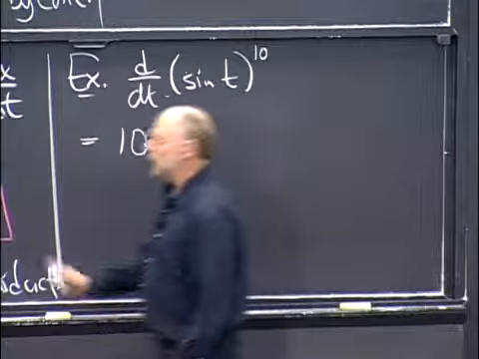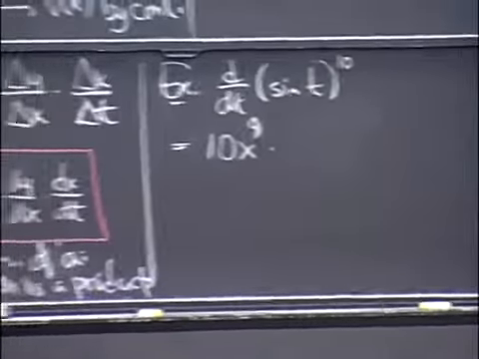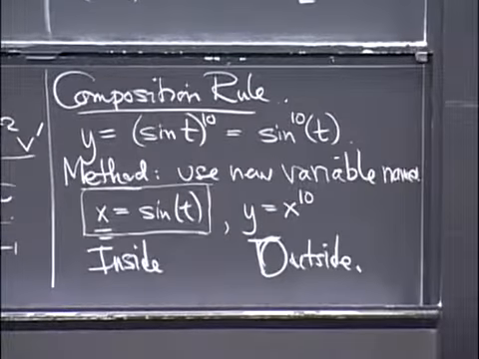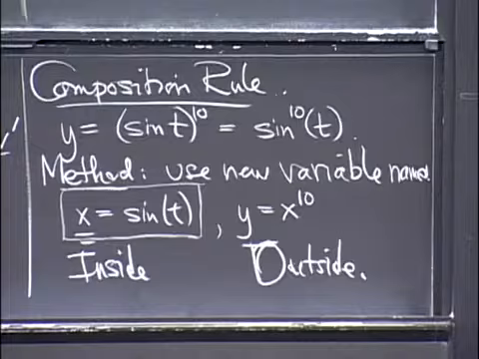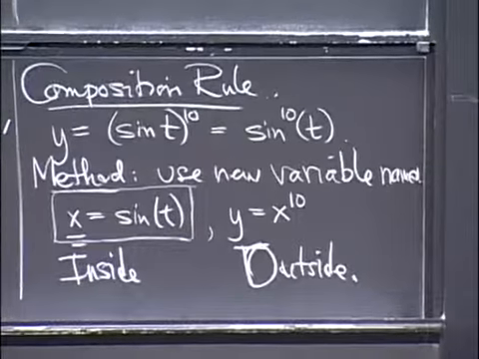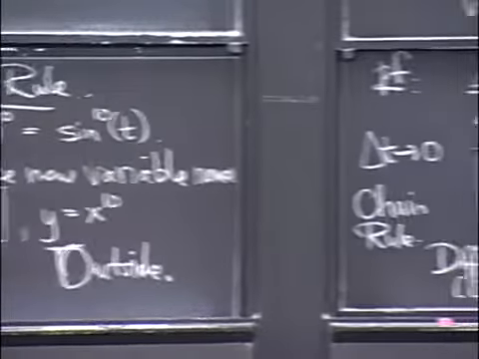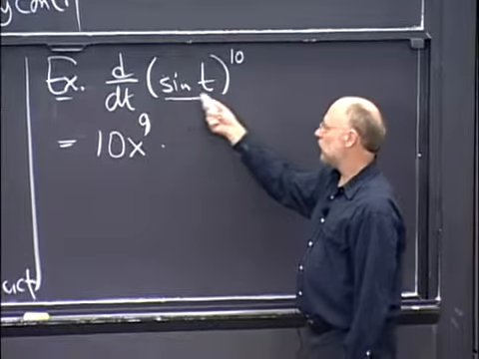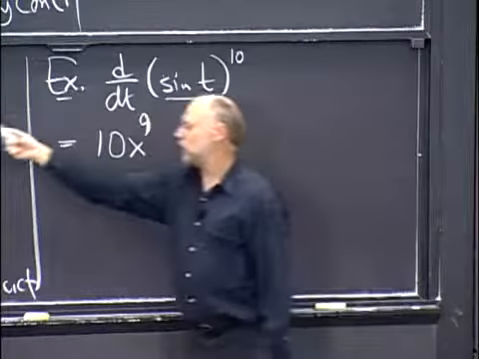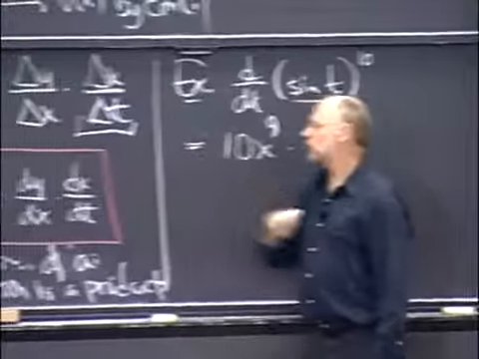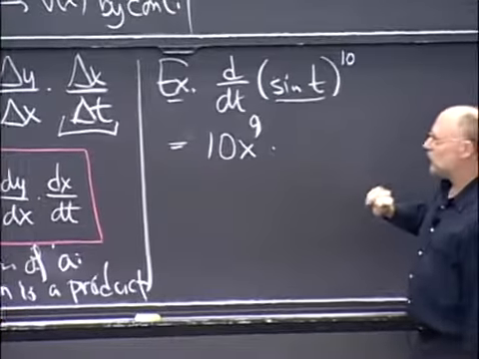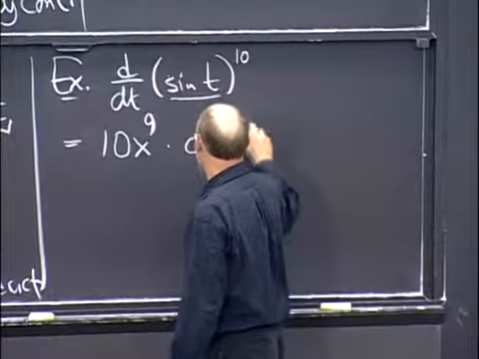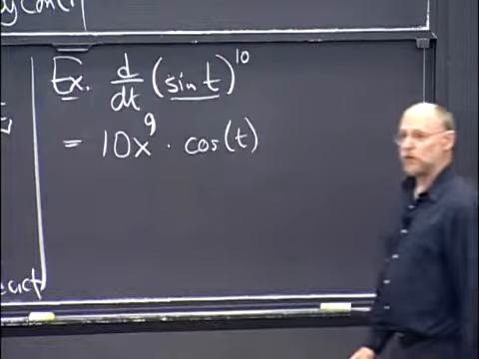I'm using this newly introduced variable name x. So the derivative of the outside function is 10x to the 9th, and then here's the inside function, and the next thing I want to do is differentiate it. So what's dx dt? The derivative of sine t, that's cosine t. That's what the chain rule gives you.